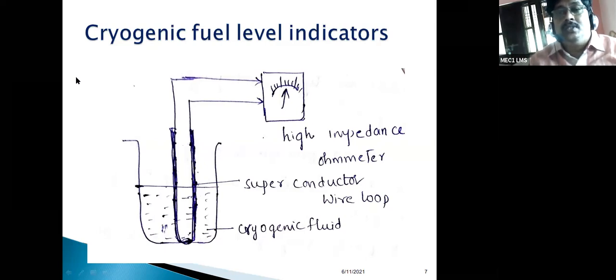Whenever the cryogenic fluid level increases or decreases, the resistance of the superconductor wire changes, which is indicated on the high impedance ohm meter. This resistance is calibrated in terms of the level of the cryogenic fluid in the tank. Tomorrow we'll discuss flow measurement devices.